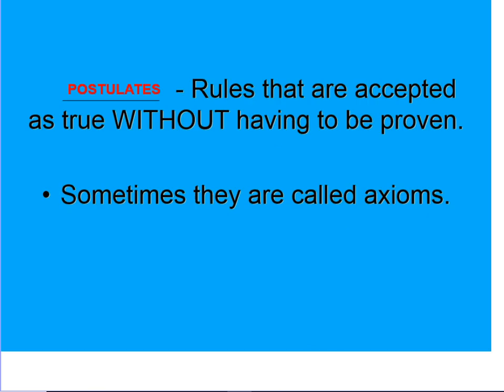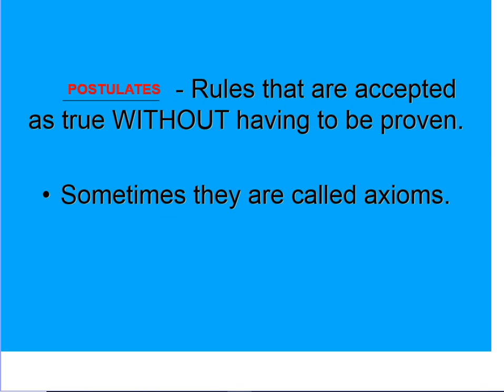So a postulate, simply put, is a rule that is accepted that does not have to be proven. There are things that we understand, we're in agreement, and we don't have to go out of our way to prove the truth or the validity of these statements. You may also see postulates known as axioms.